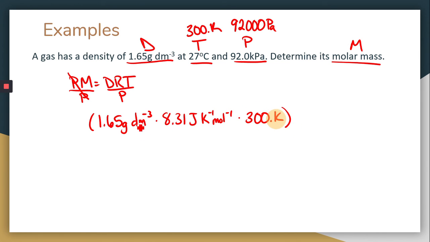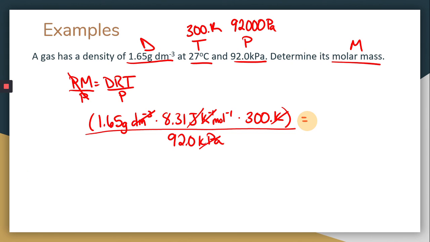Now, because the density is in decimeters cubed, we can actually use the kilopascal version of pressure instead of converting it to pascals, or you could have converted this to meters cubed and then use pascals. So either use decimeters cubed and kilopascals, or you need to be using meters cubed and pascals. So I'm going to divide that by 92 kilopascals. That way the decimeters cubed and the kilopascals would cancel the joule, and Kelvin cancels Kelvin, and then we have grams per mole, which is the unit for molar mass.